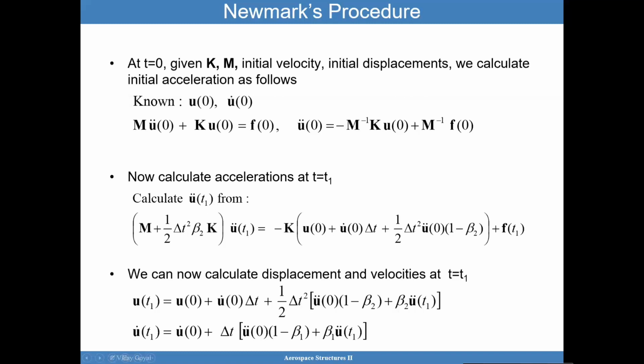And once I have u double dot from here, I can now calculate the deflections and velocities at time equals t1. Why? Because the deflections at t1 are equal to the deflections at time equals 0, plus the velocities at time equals 0 times the time step, plus 1/2 time step squared.